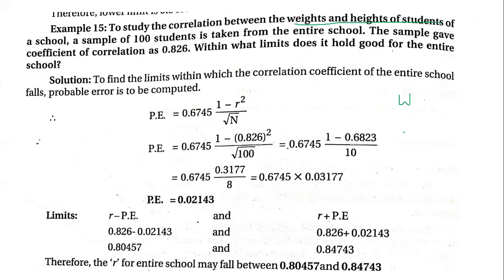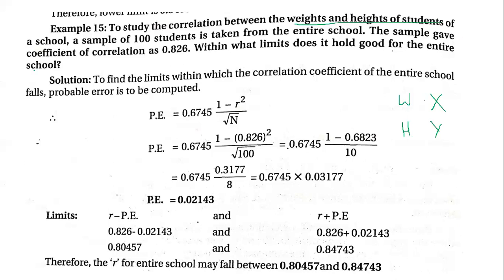Weights and heights of students in a school. So let us think weight is X, height is Y. Next, a sample of 100 students is taken from the entire school. Now, a school may consist of 500 or 1000 students or more than that. So, out of the whole school, only 100 students were taken as a sample, and for them they had checked weight and height.